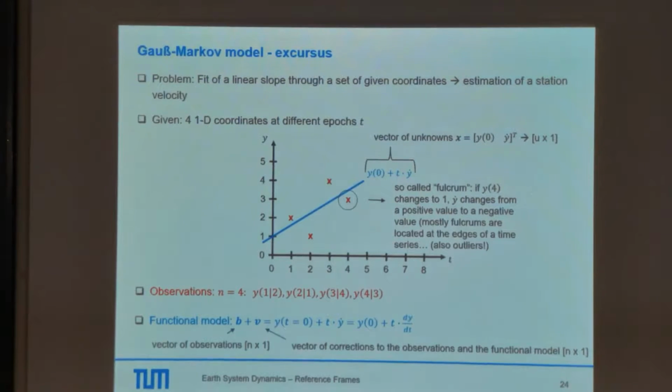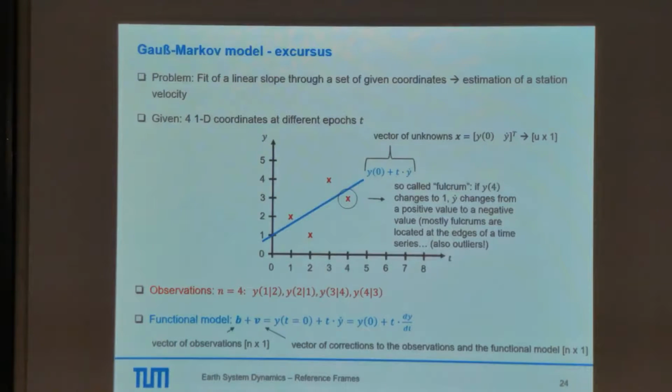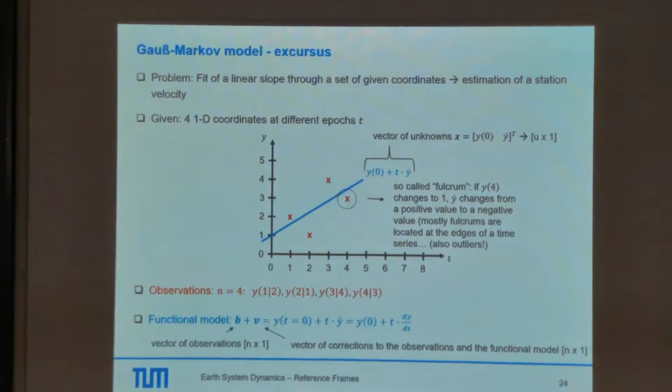We will face this, maybe not in this lecture but in the next lecture, where we also talk about time series effects. If you have special effects, like earthquakes, which affect your time series, then it's really hard to estimate a good or reliable station velocity out of this. So outliers and time series analysis are a really important point before we do this.